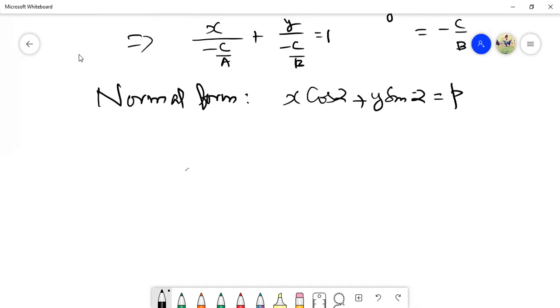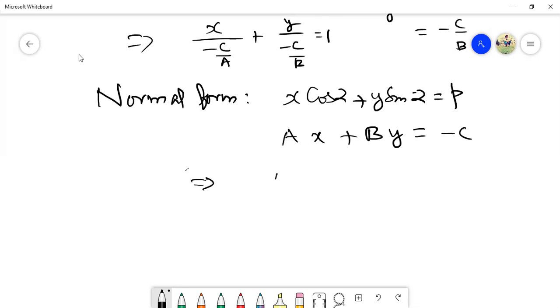So this equation, compare it with ax + by = -c. Both equations are representing the same line in normal form, so the two equations are the same.